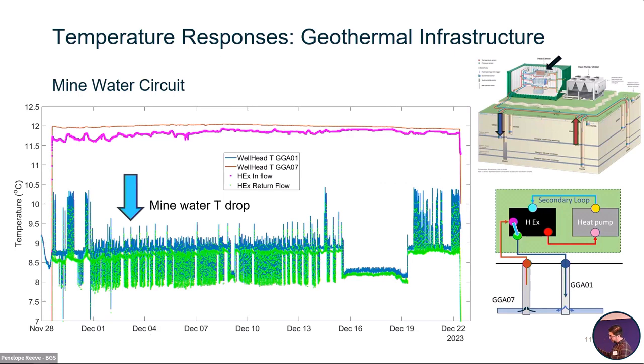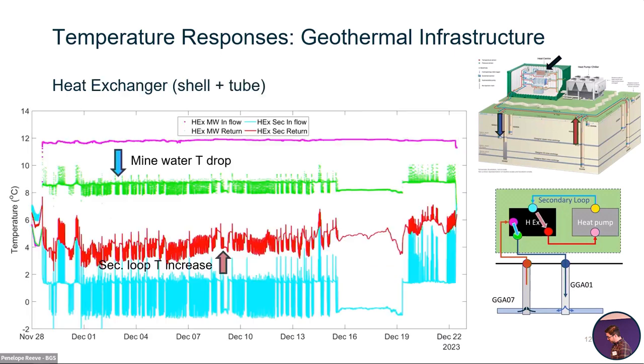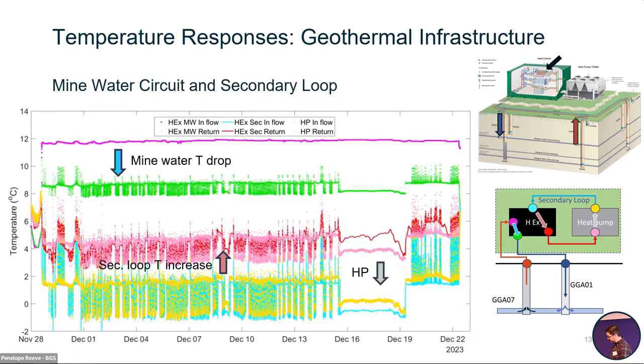We have the green line, which is out of the heat exchanger and reinjected into GJ01 in blue. Here we have the other side of the heat exchanger, the temperature in the secondary loop, which increases from the light blue to the red. And finally, the data from the other parts of the secondary loop in the heat pump, in yellow and light blue.